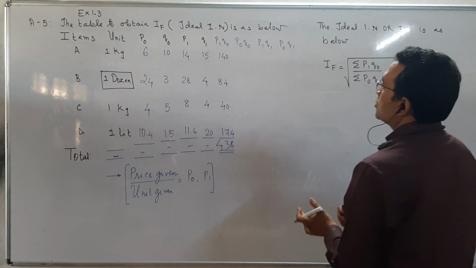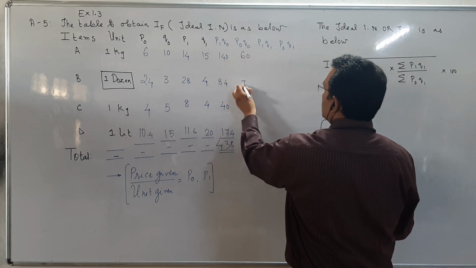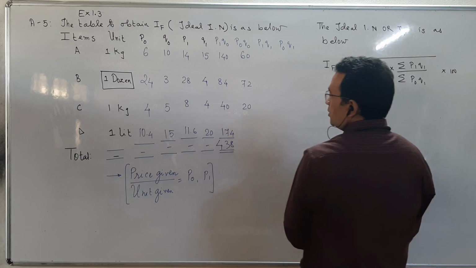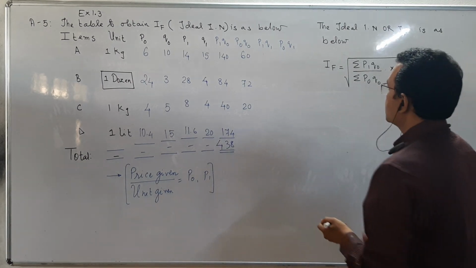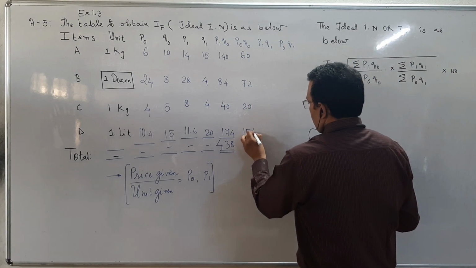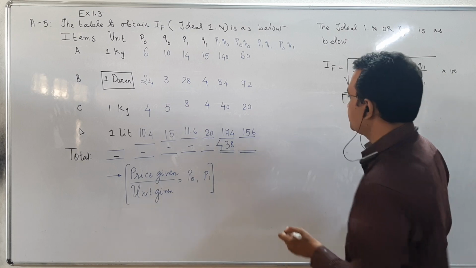Okay, P0Q0: first of all, 6 tens are 60, 24 threes are 72, 4 fives are 20, 10.4 into 15 is 156. And this total is 308.